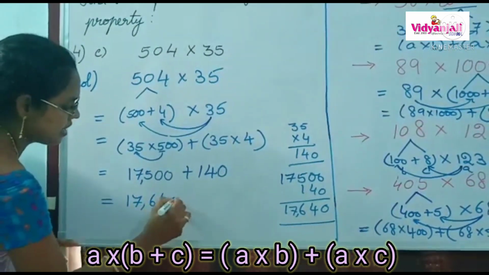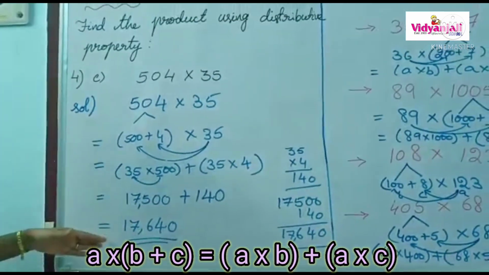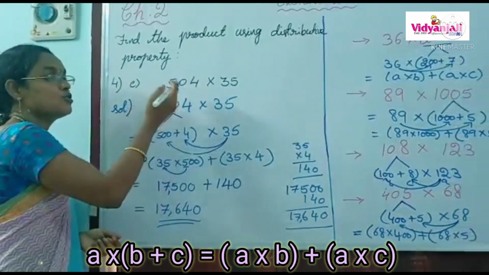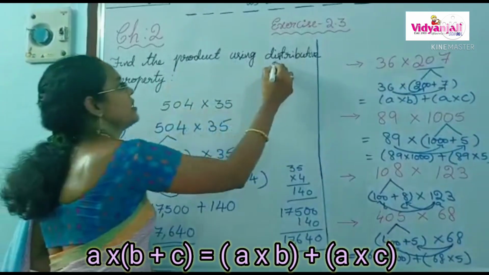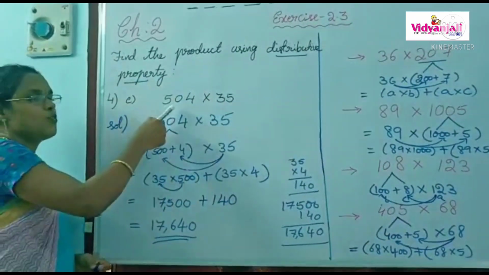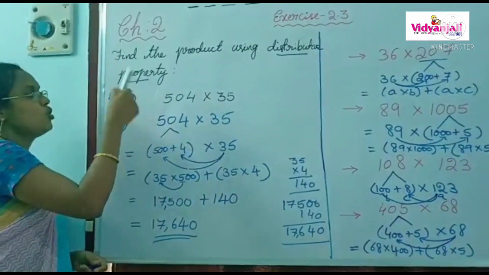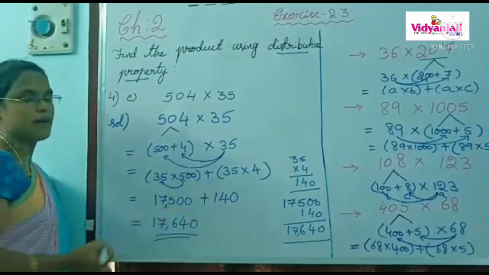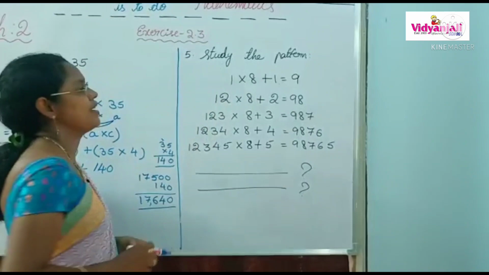So 17,640 is the answer for the product. I hope you understood, children, how to split to apply the distributive property. Any one number which is very near to rounding numbers, we have to split it and then apply the property.